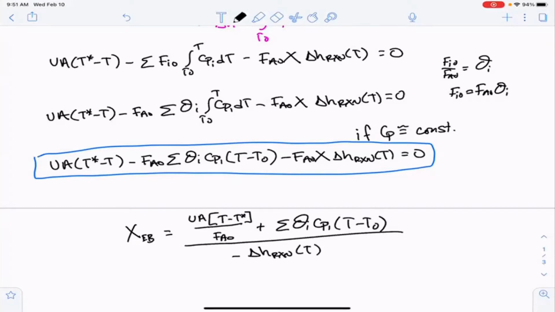So the book does that. They explicitly solve for what they call the conversion from the energy balance.